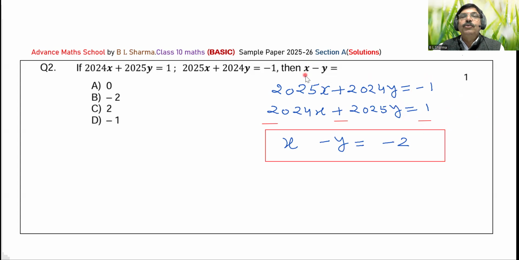So what is the value of x minus y? We can say that x minus y is equal to -2. This is the correct option.